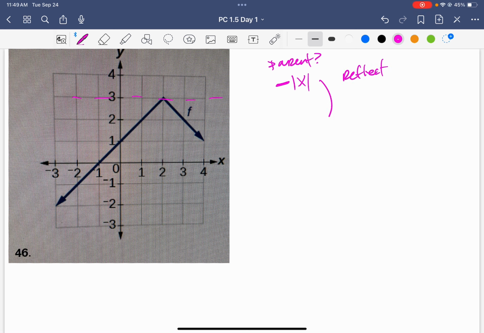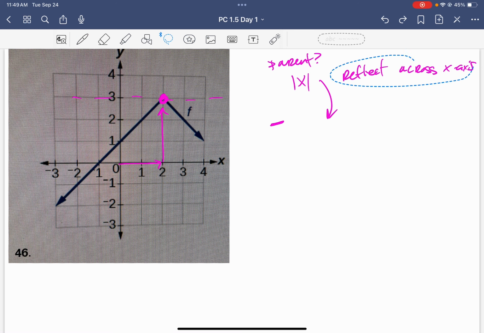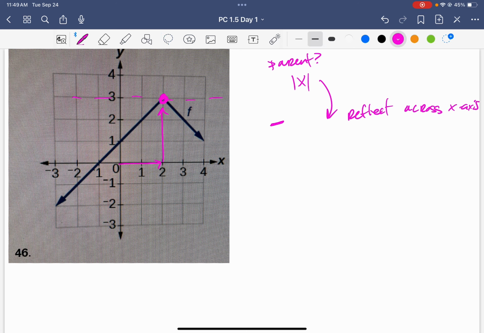So reflect across the x-axis. Other things that have happened: this would be 0, 0. Looks like it's moved over 2 and up 3. So we reflect to here, and then I'm going to move it right 2, which would make it do this.